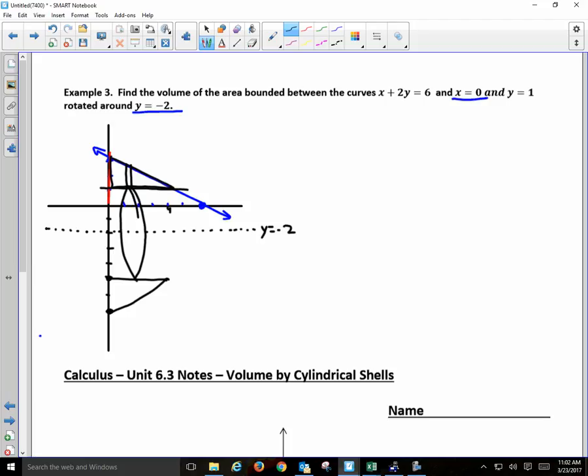This is the inside, which is really beautiful. And that's my washer.